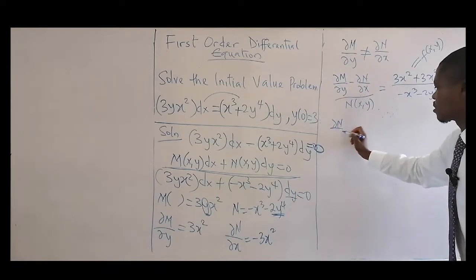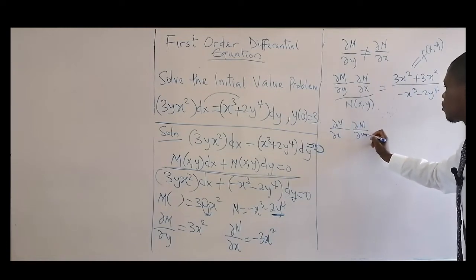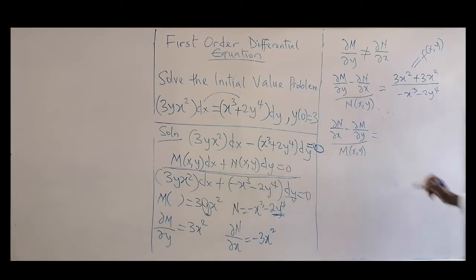This one: minus the partial derivative of M with respect to y, all over M. Let's see that. So that is minus 3x squared, minus that same function, which is equal to minus 6x squared all over M. My M is 3y x squared, so it's over 3y x squared.